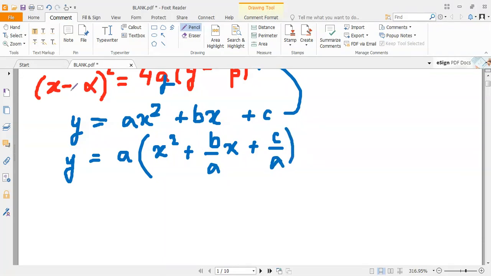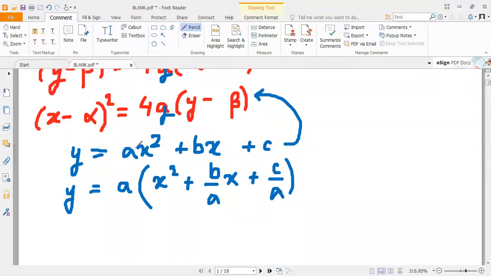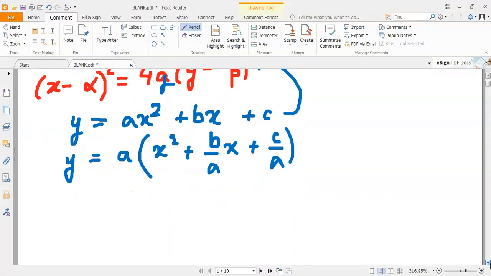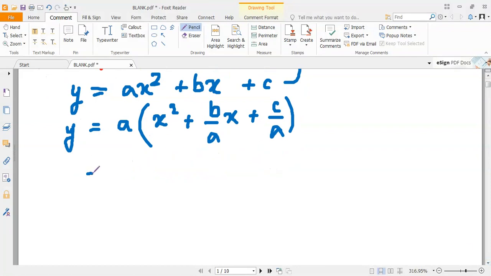Now this is the x minus alpha whole square form. So I want to express this in the same form. x minus alpha whole square is x square minus 2x alpha plus alpha square. So I want to bring it into that form, which means I keep a as before outside, I put x square, and then I want to bring some 2 times something into the x term, so that I can make it a square form.